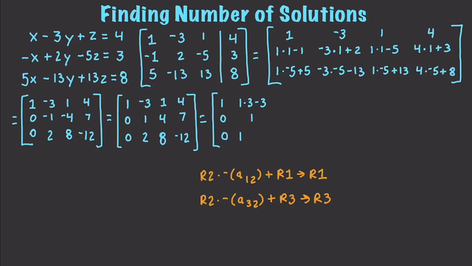Then we'll have 1 times negative 2 plus 2. 4 times 3 plus 1. 4. 4 times negative 2 plus 8. Negative 7 times 3 minus 7. This remains 7. This will be negative 7 times negative 2 minus 12.